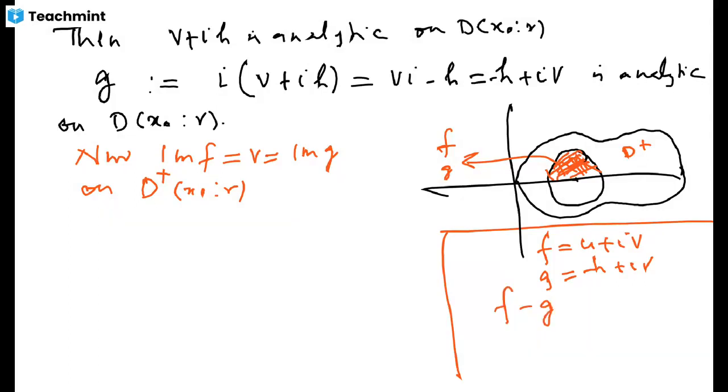F minus G is u minus h, and we cancel the imaginary parts. F minus G is analytic, but you see F minus G is now a purely real valued analytic function. And what we know about such analytic functions is that they are always constant functions. So this implies that this is a constant function.